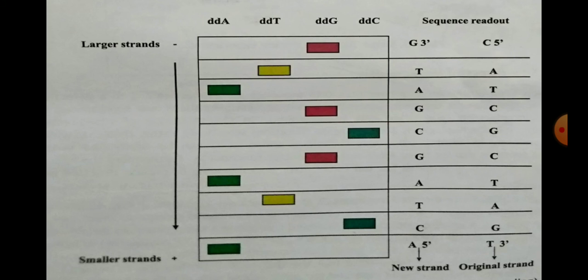In the sequencing process, we generally use the autoradiography technique, and when the X-ray is passed on the gel, we will find the imprints of the DNA sequence present on the agarose gel.